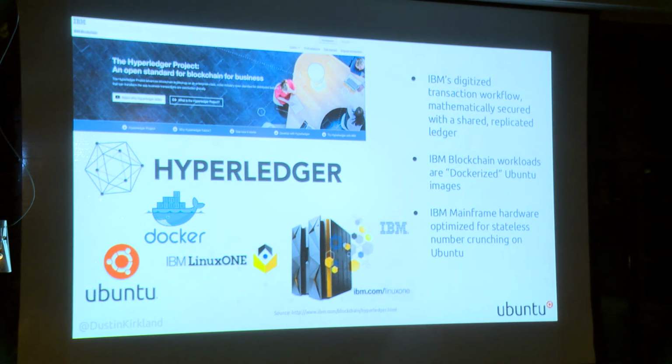Hyperledger runs on many different platforms, but it's quite well optimized for the IBM mainframe. So that's an IBM LinuxONE mainframe. Most of the Hyperledger that's deployed today is running inside of Docker containers on Ubuntu in mainframes. So that is very much a containerized workload using some of the oldest and most classic hardware on the planet. You know, we're talking 40-year-old technology baked into IBM mainframes here.